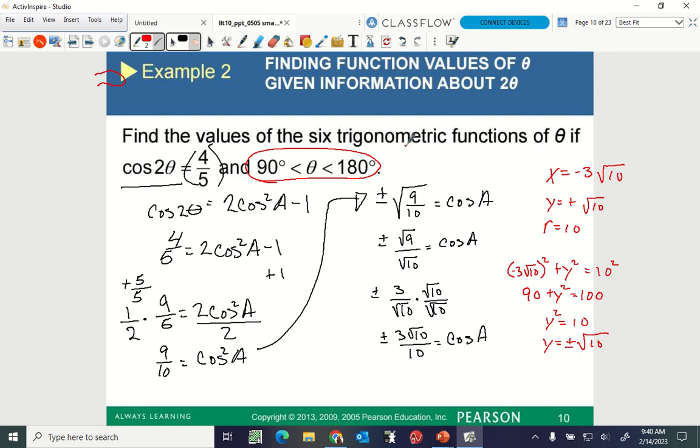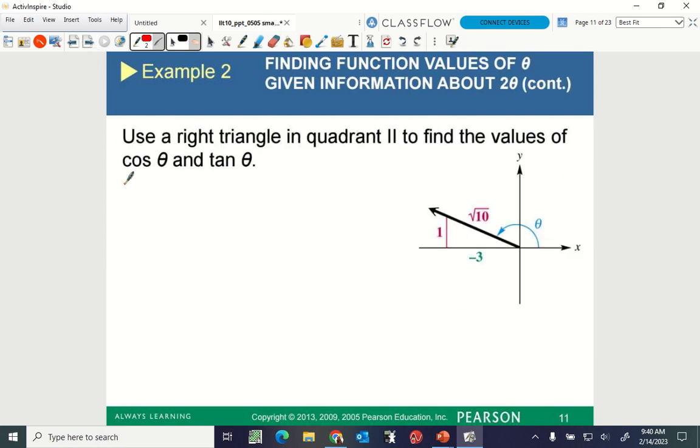So it says find the 6 trigonometric functions for this. I have x, y, and r, so all I have to do is fill those in now. Cosine of theta was negative 3 radical 10 over 10.